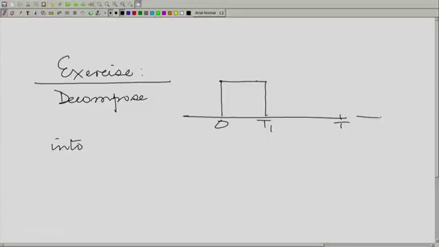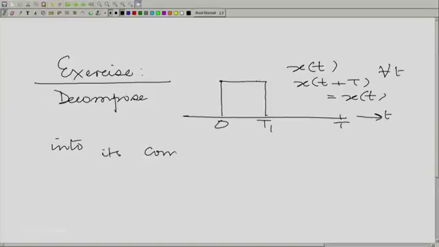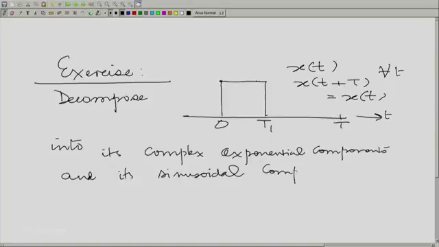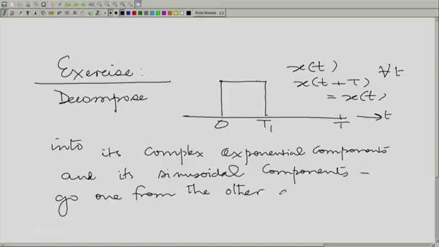Of course, this is x(t) shown between 0 and T, but x(t plus T) is equal to x(t) for all t. Decompose it into its complex exponential components and its sinusoidal components. Go from one to the other as discussed and verify. This is the exercise I would recommend you do to understand these two decompositions very well.